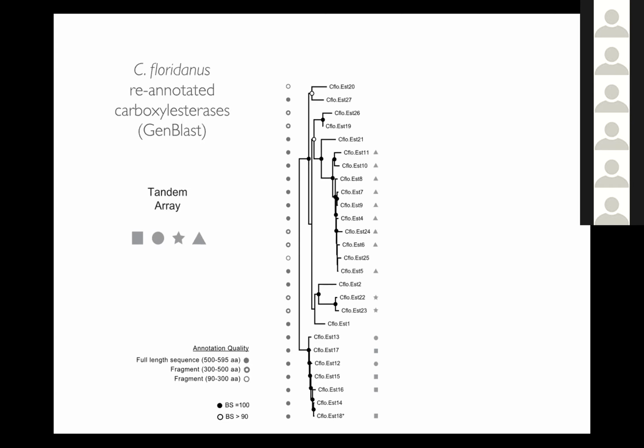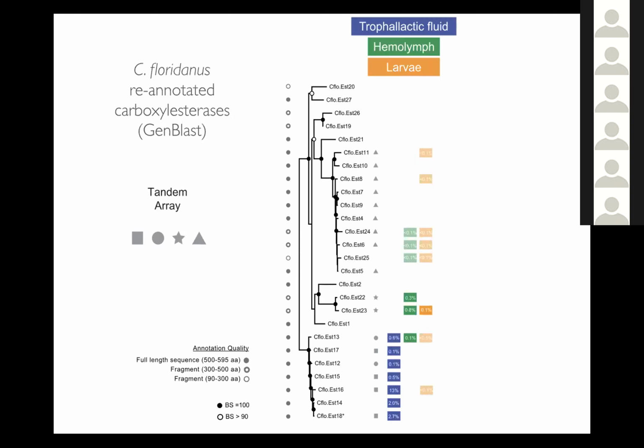We find a few different arrays of this in the genome here. These different arrays tend to fall into 3 different blocks. These 2 are probably connected arrays that we find present mostly in trophallactic fluid, and then some a bit in hemolymph and some a bit in larvae.